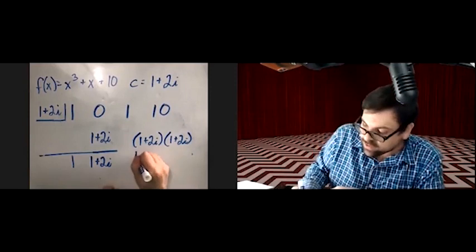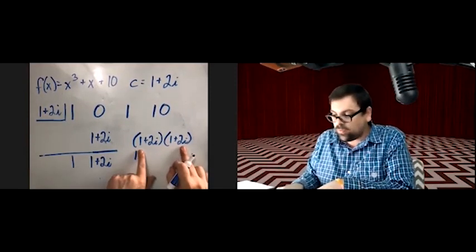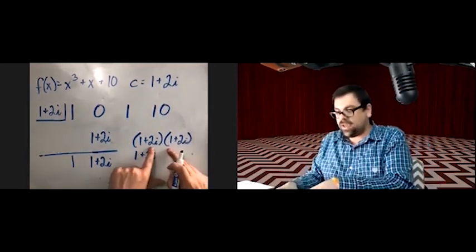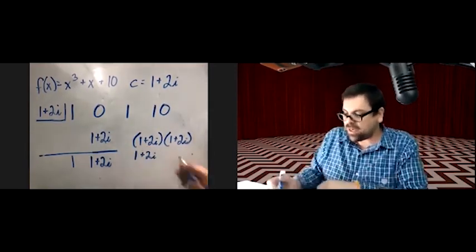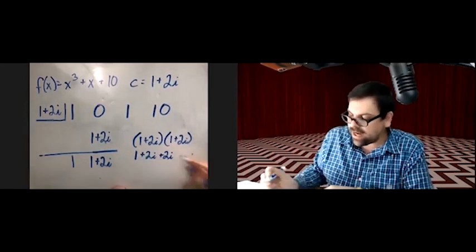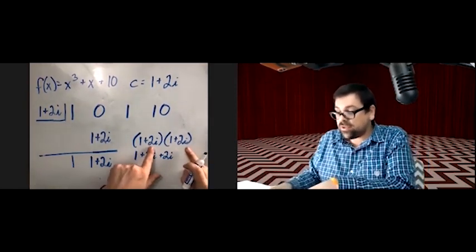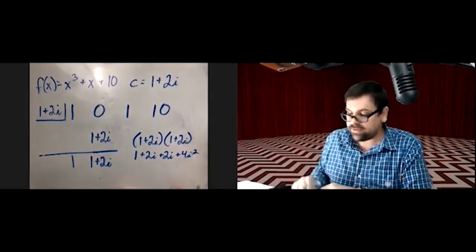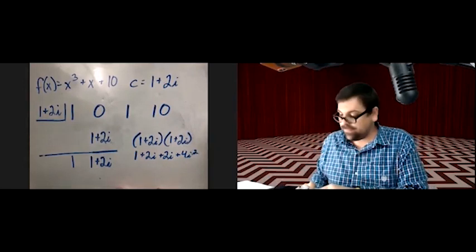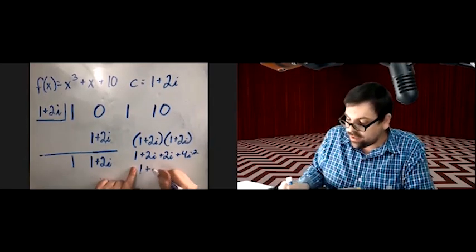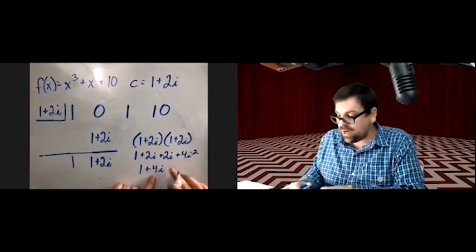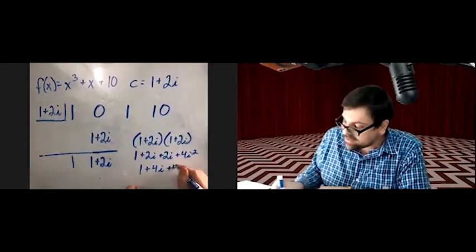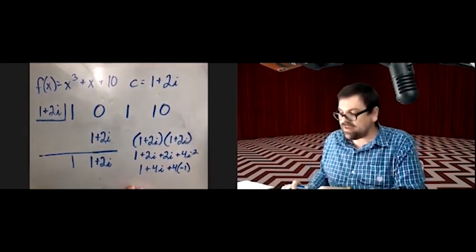First, 1 times 1 is 1. Outer, 1 times 2i is plus 2i. Inner, positive 2i times positive 1, again positive 2i. Last, 2i times 2i is positive 4i squared. So this is 1 plus 4i, 2i plus 2i is 4i. But plus 4i squared is plus 4 times negative 1.